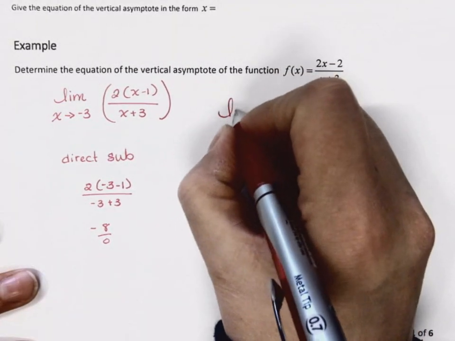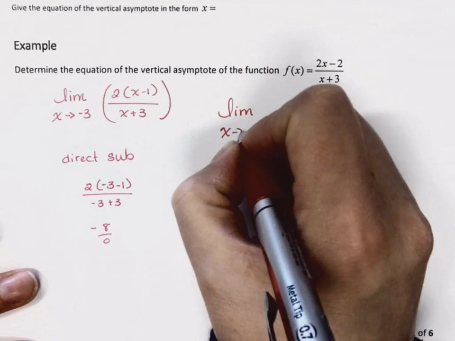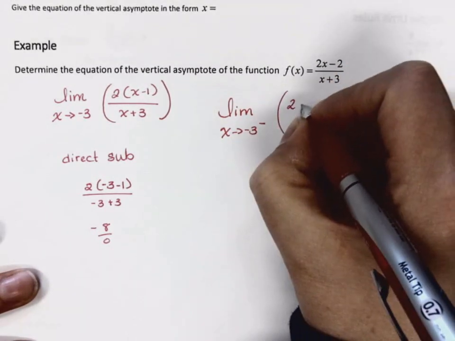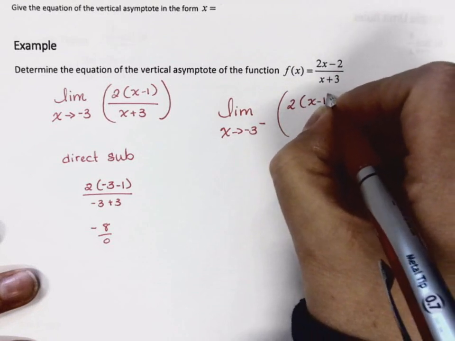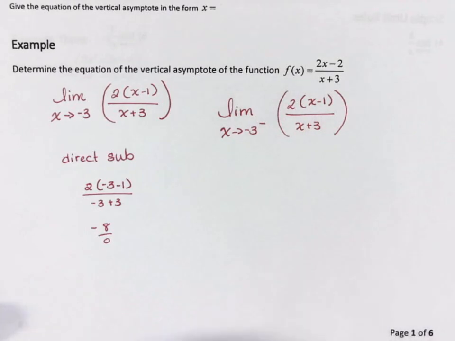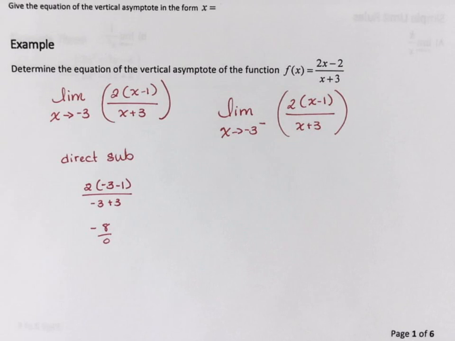So if we look at the limit as x approaches -3 from the left, what's a really, really small increment away from -3 but to the left? -3.001. Sure. So when we're looking at the left-hand side, we're looking at those tiny increments.